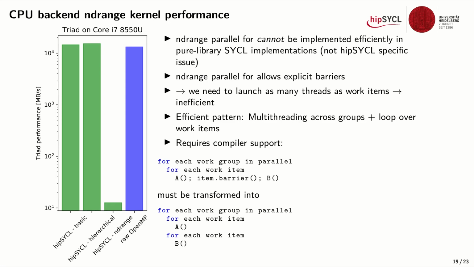Then this would need to be transformed into two separate loops across the work items in order to implement this barrier. And of course, this requires dedicated compiler support that we don't have by design, because we have a pure library implementation on CPU, which has the advantage that we can use any compiler that we want.